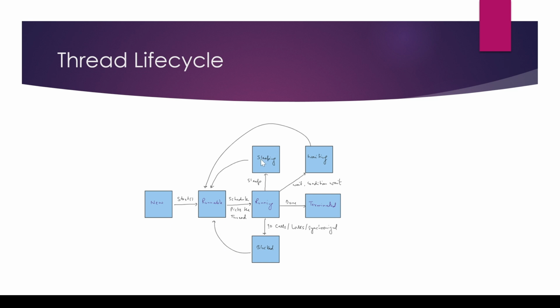So in all these states, whether it is sleeping, waiting or blocked, when the wait time is over, the thread will always be put back to the runnable queue. It does not start immediately. It will wait for the scheduler, for the thread scheduling process to pick it up so that it gets a chance to run on the CPU core.